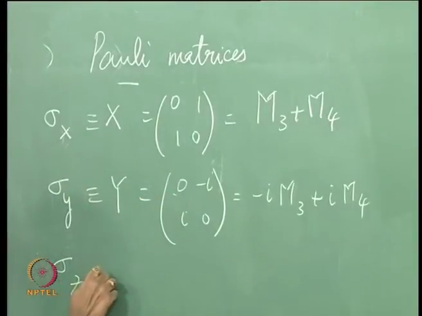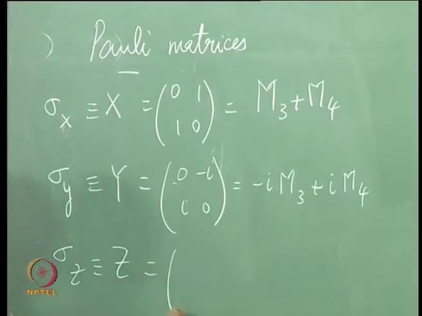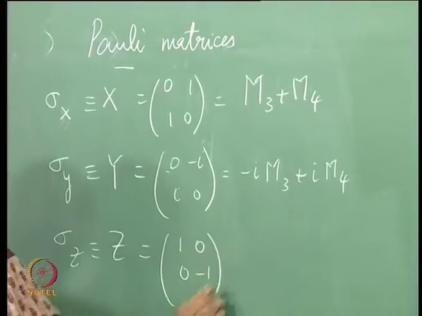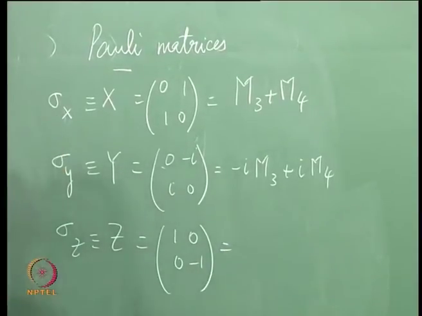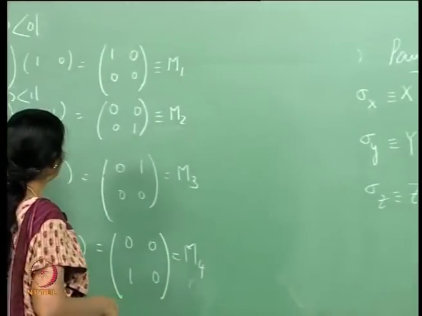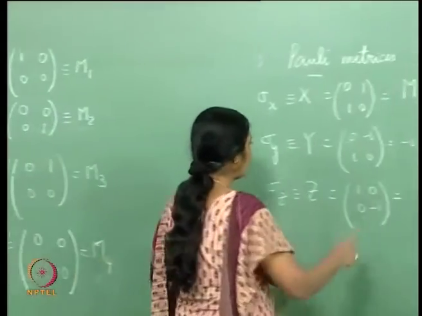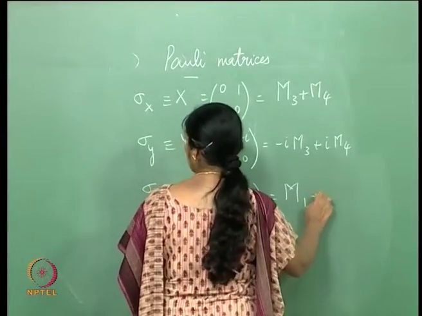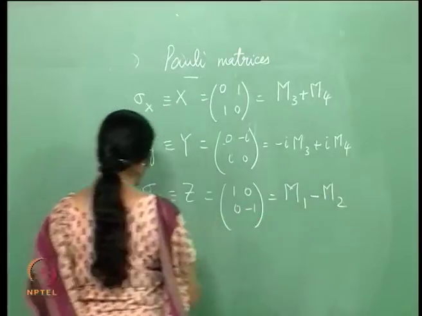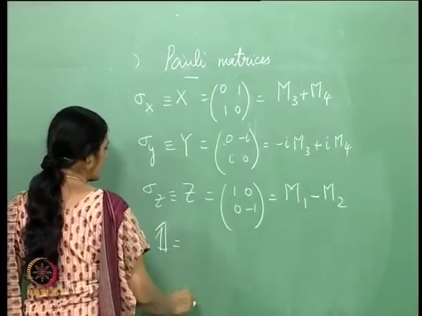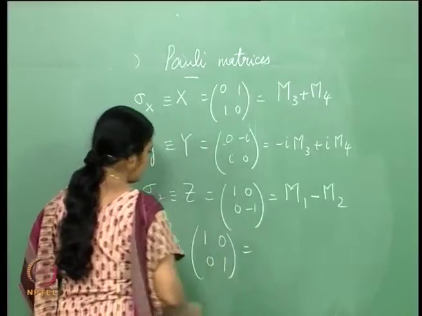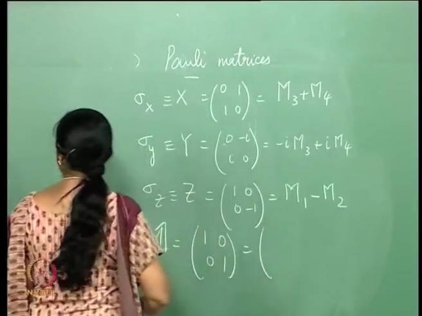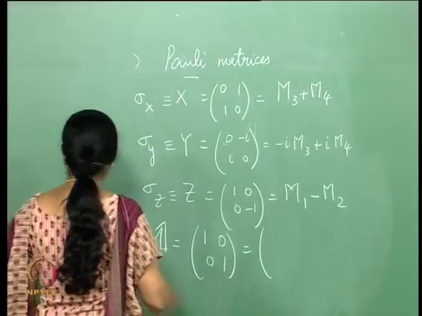Then sigma z, which I will call Z, is 1 0 0 minus 1, and this object is M1 minus M2, and of course the identity matrix, which is 1 along the principal diagonal, and that is M1 plus M2.